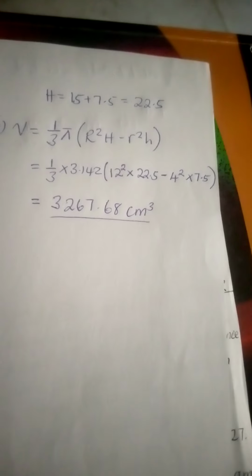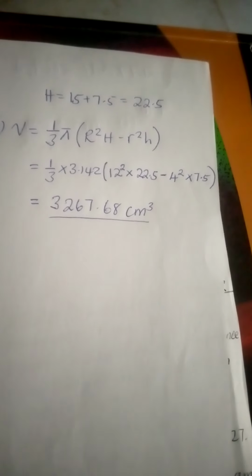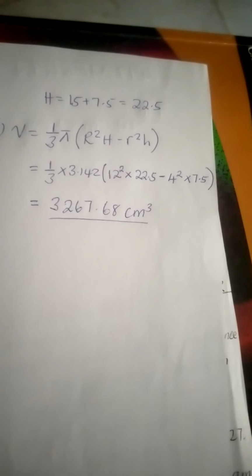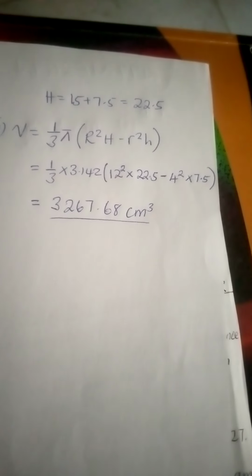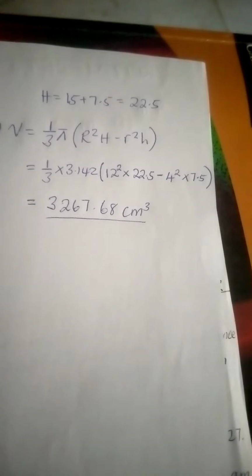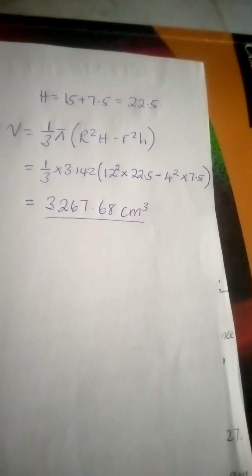and that will be equal to 1 over 3 times the pi we've been given, 3.142, multiplied by, now you're going to subtract in the brackets, 12 squared multiplied by 22.5 minus 4 squared multiplied by 7.5.